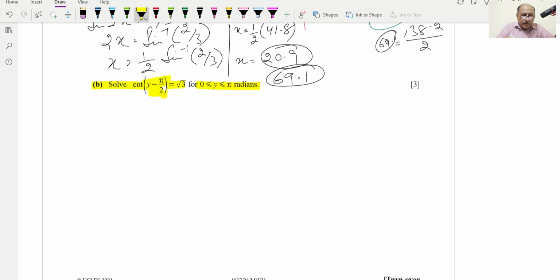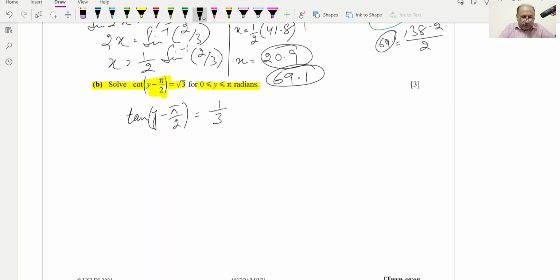So tan of y minus pi by 2 will be equal to, we can take the reciprocal of this. Inverse of cot is tan, so we have taken the inverse, that is equal to 1 by root 3, and now we can find the value of y.